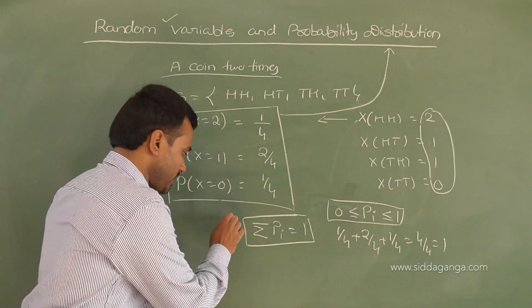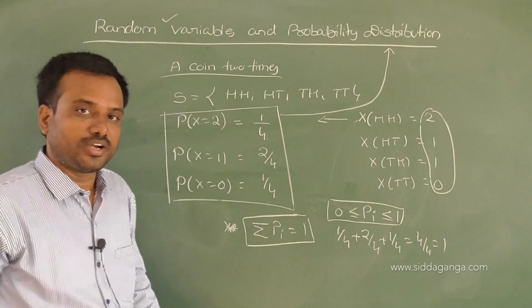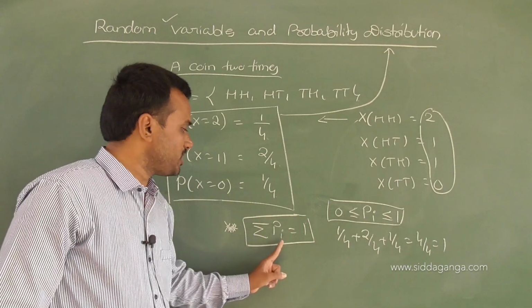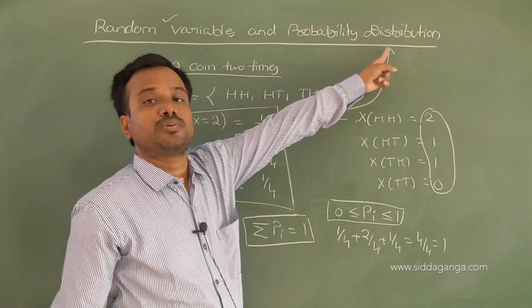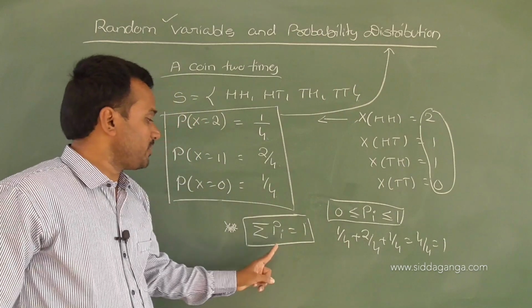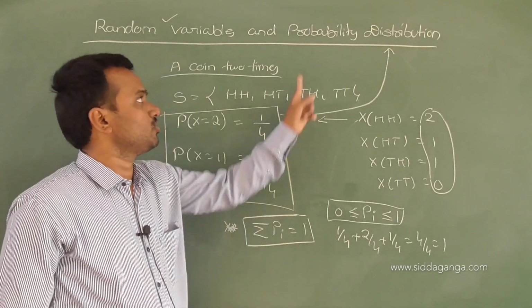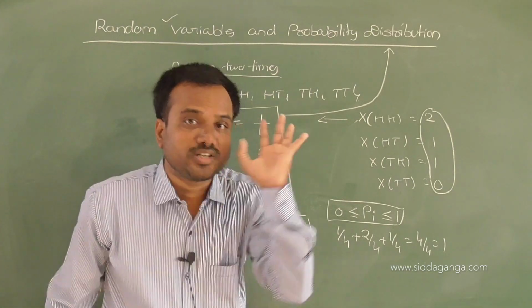And one more very important condition: if summation of Pi is equal to 1, then only we say it is a probability distribution. If summation of Pi is not equal to 1, we can't say it is a probability distribution.